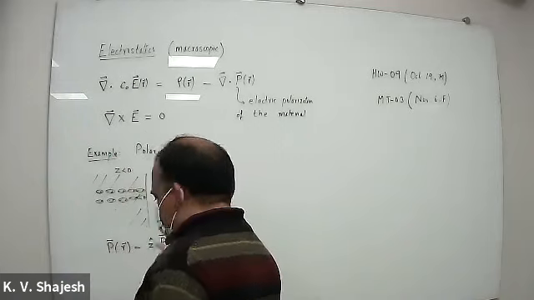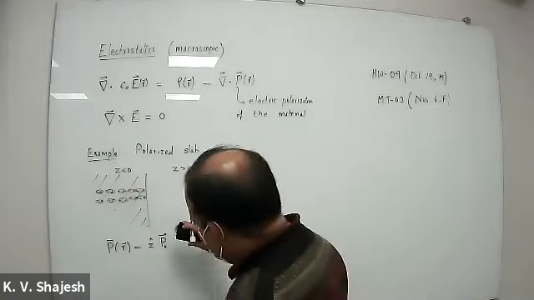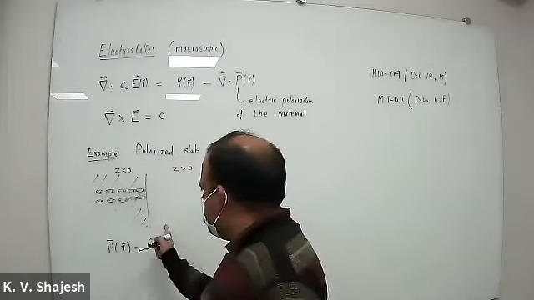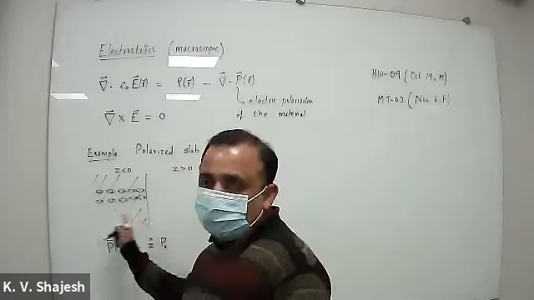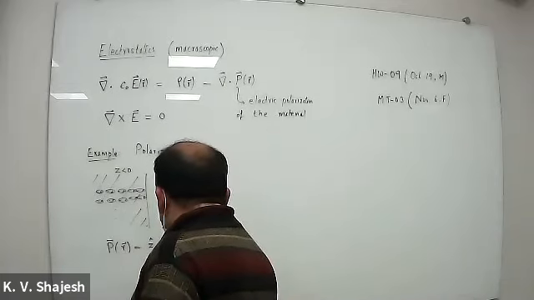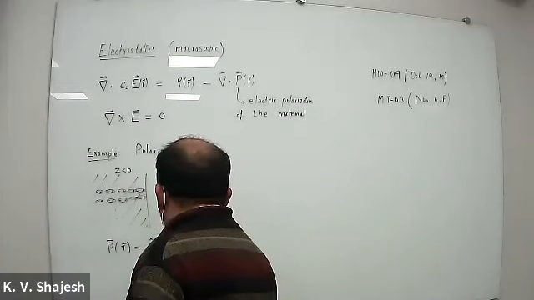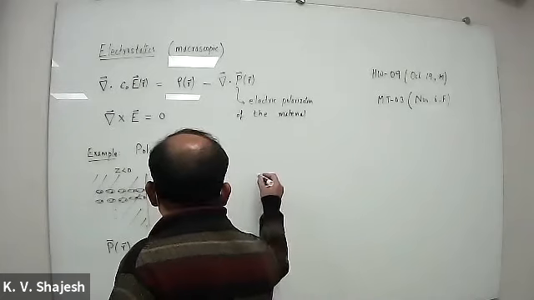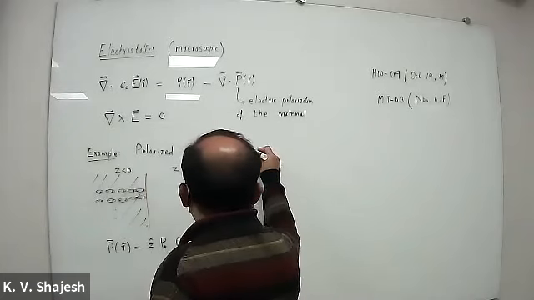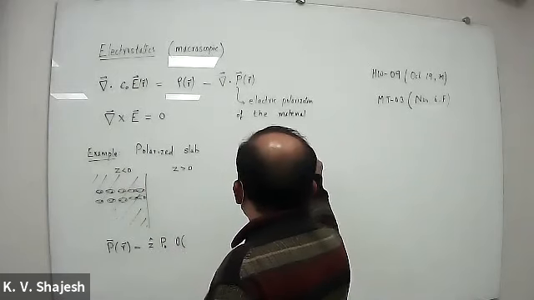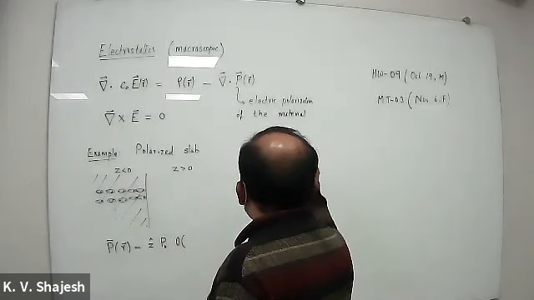And sorry, the magnitude is, we don't need a vector. And I have to clarify that this is actually true only for z greater than 0. So for that, I will say this is the Heaviside step function. So only when z is greater than 0, right? Heaviside step function, remember, is equal to 1 if x is greater than 0, and is 0 when x is less than 0.